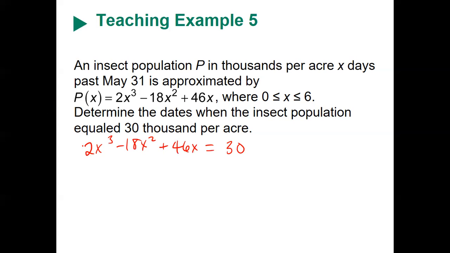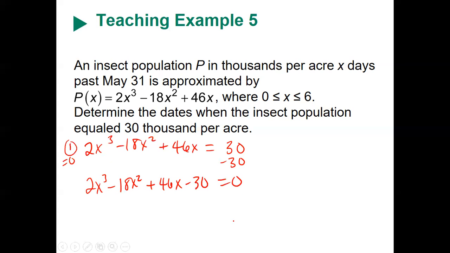So we're going to set this equal to 0. What do I need to do to make this equal 0? Not divide, just subtract 30. So now I'm working with 2x cubed minus 18x squared plus 46x minus 30 equals 0.